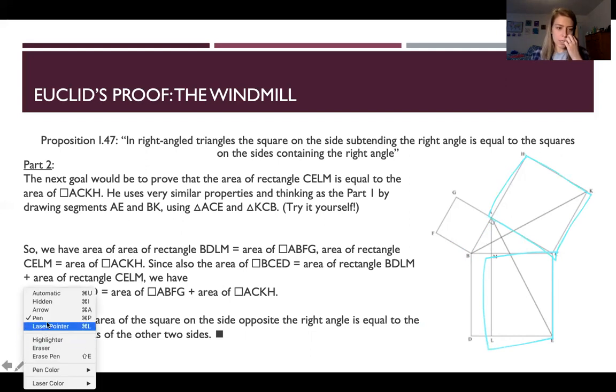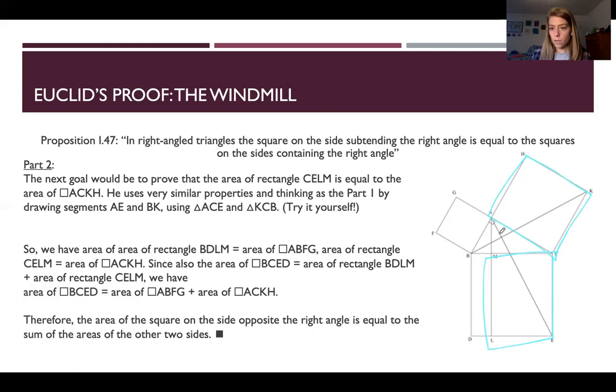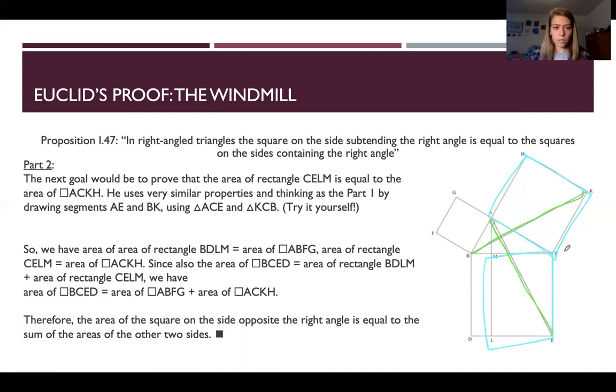So he draws lines AE and BK and looks at triangles, he draws those lines, and then he looks at triangles ACE and KCB.